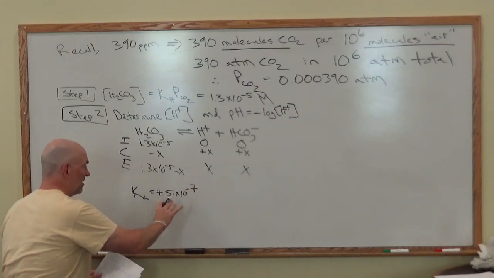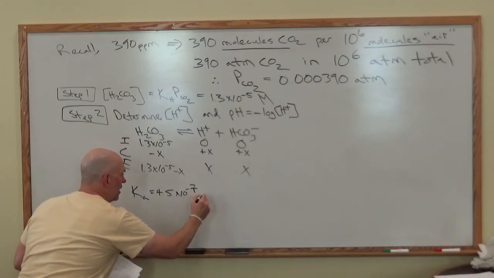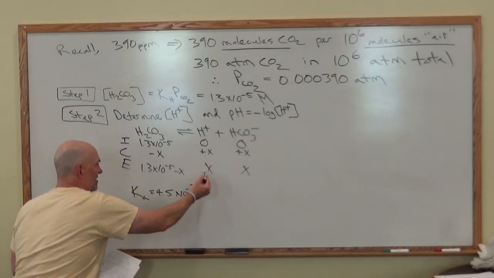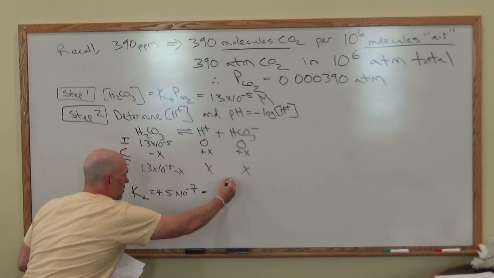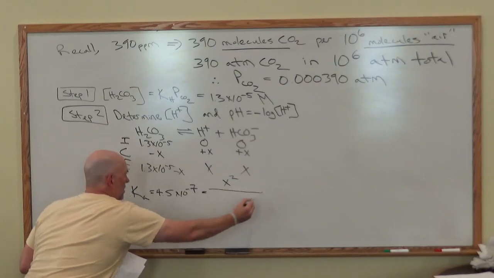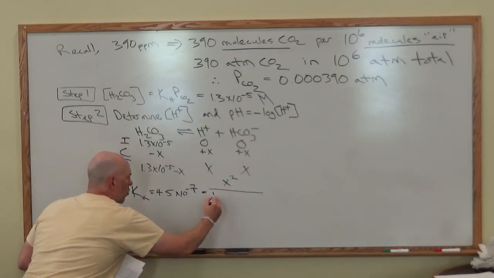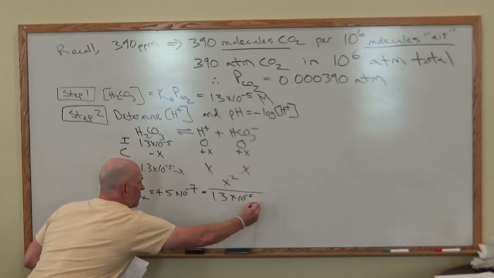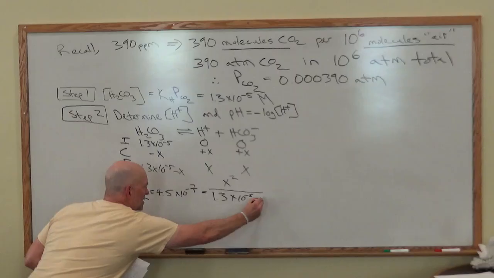Again, if you want to put units, the units there will be molarity. Well, that's going to be H plus times HCO3, but that's x times x, so that's x squared, over 1.3 times 10 to the minus 5 minus x.